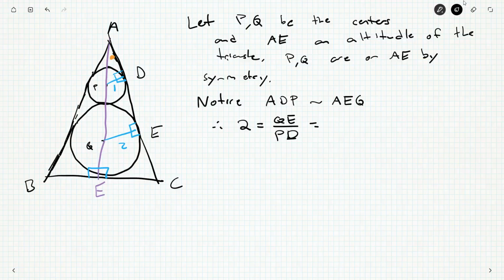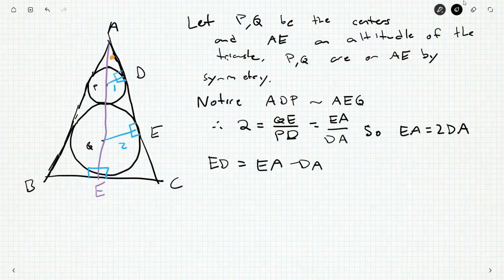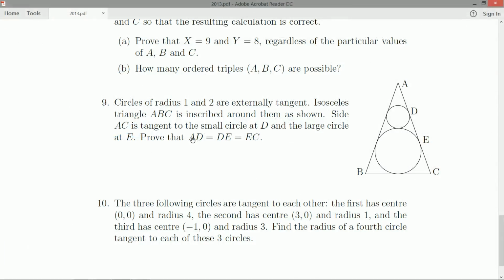But it also means that that's EA over DA. Okay, but EA is 2DA, and ED is EA minus DA, which is just 2DA minus DA. So ED is DA, and that's the first thing that they wanted us to show. So that falls out fairly quickly.